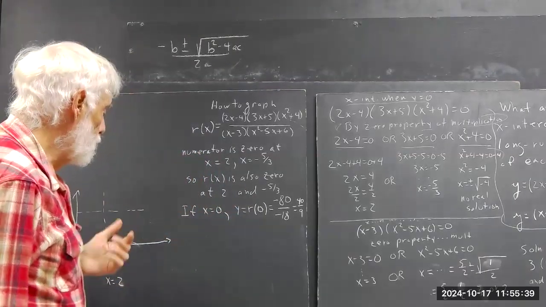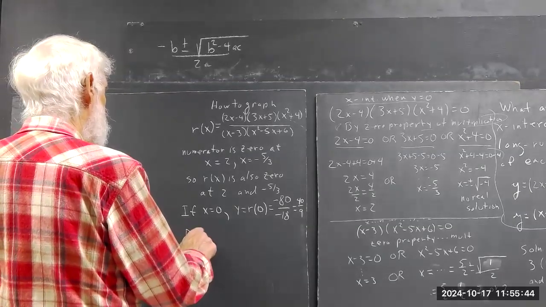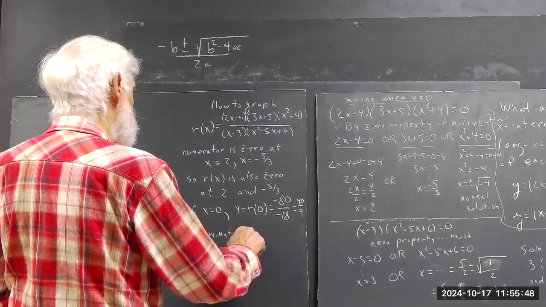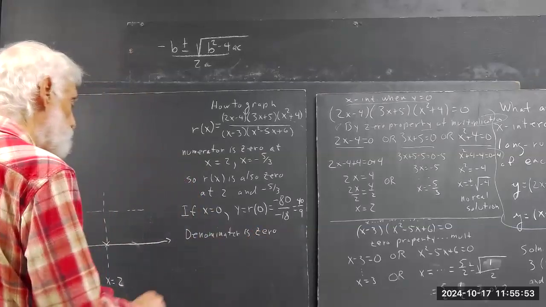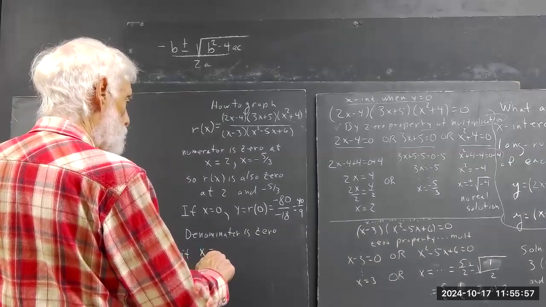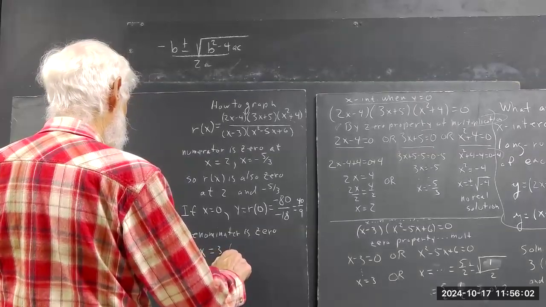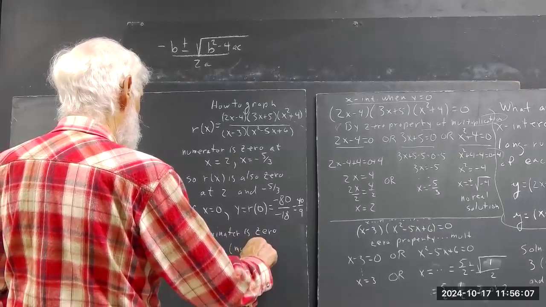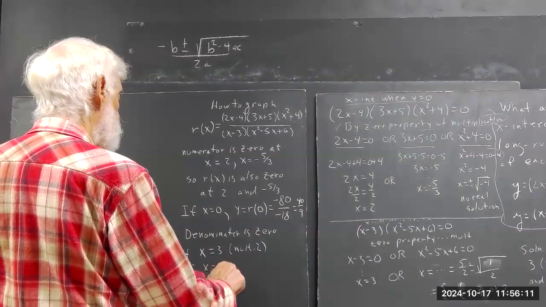So the other thing is the denominator is 0. If X equals 3, and that has multiplicity 2, or X equals 2.